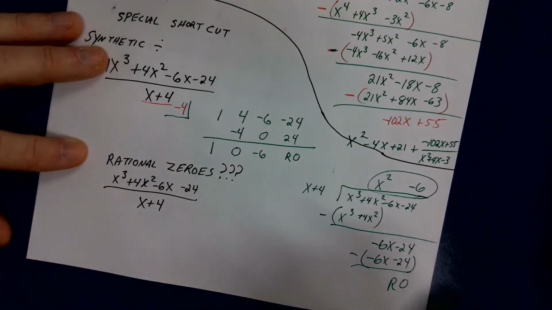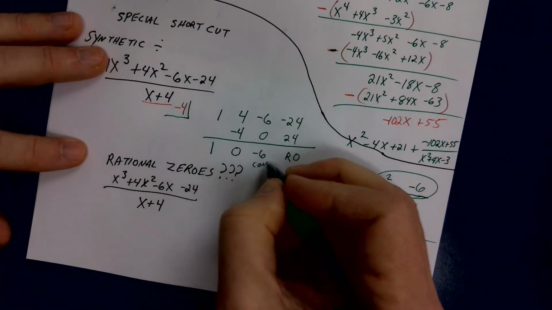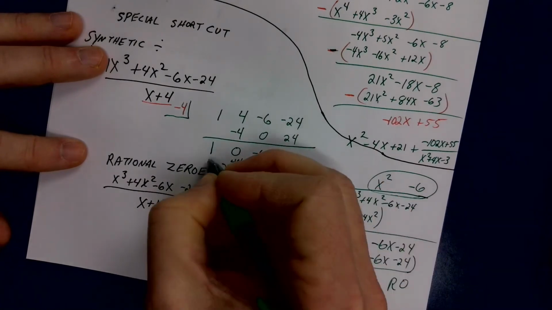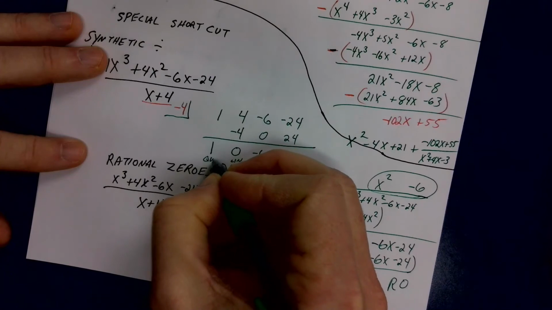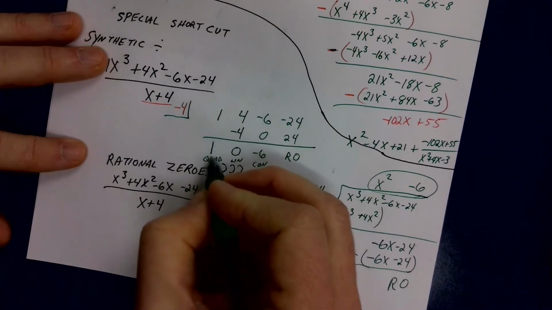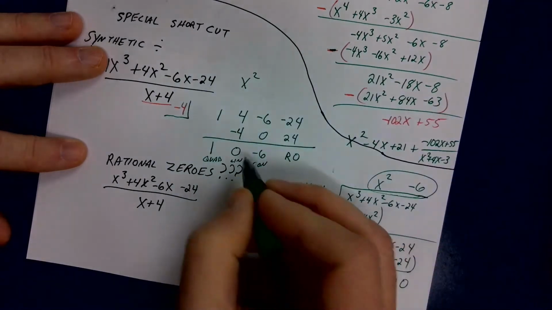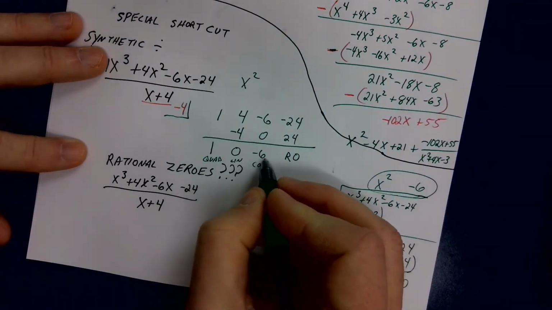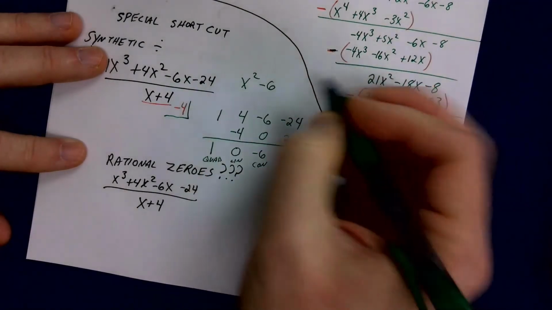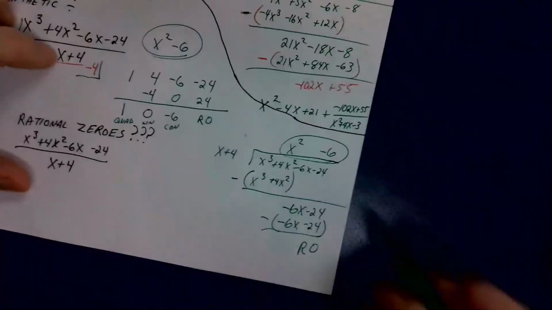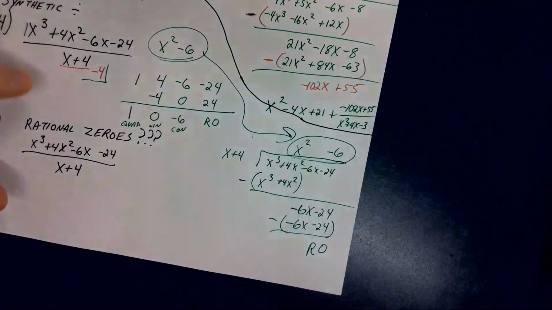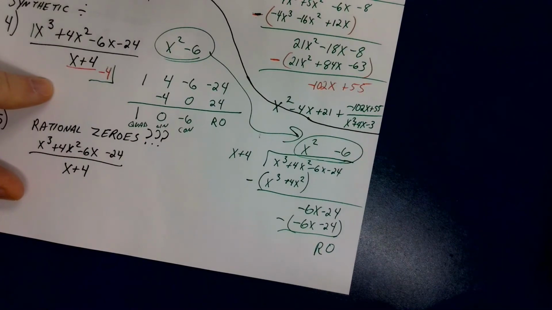So, this is your constant, this is your linear, and this is your quadratic. You can see how many quadratic terms? 1, x squared, no linears, 1 constant, minus 6.